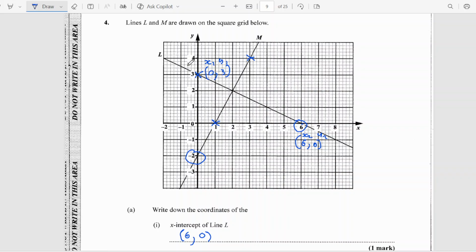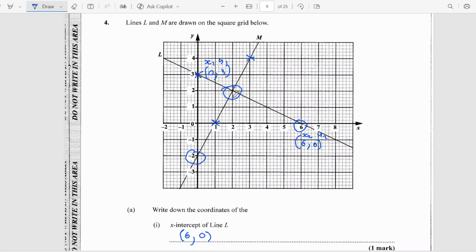Where the two lines intersect. Jaden, tell me where the two lines intersect. What is the x value at the intersect? So this is where they intersect, right?